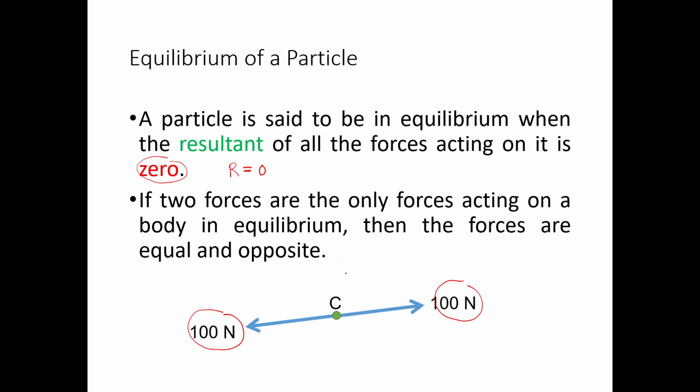Okay, so I think it's easy to understand what the equilibrium state is. As long as the resultant force is equal to zero, it's in equilibrium. I think it's an essential topic because later on when you go on designing buildings, you need to achieve the equilibrium state of your structure.